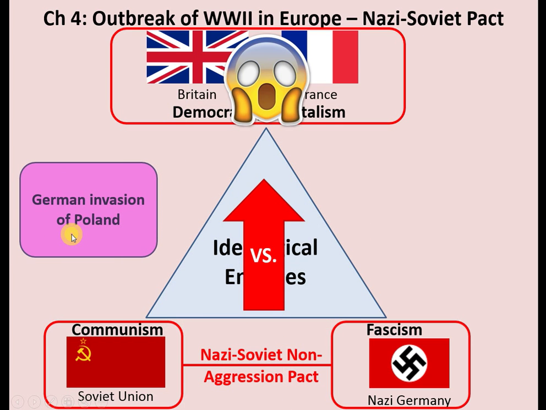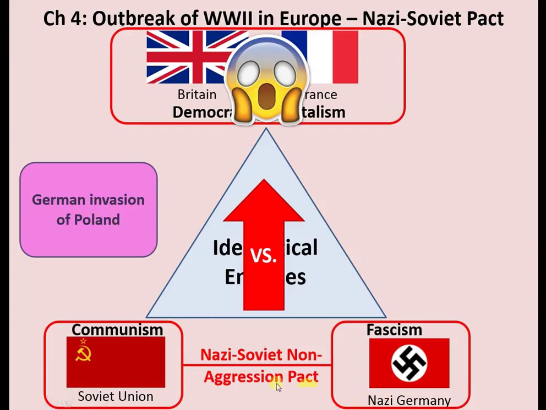If you recall, Germany would invade Poland with the consent of the Soviet Union, which promised not to do anything to stop Germany, and in return, in secret, the Soviet Union would get the other half of Poland.